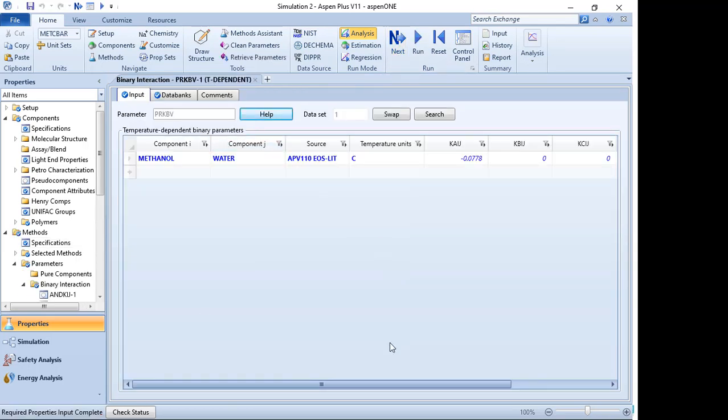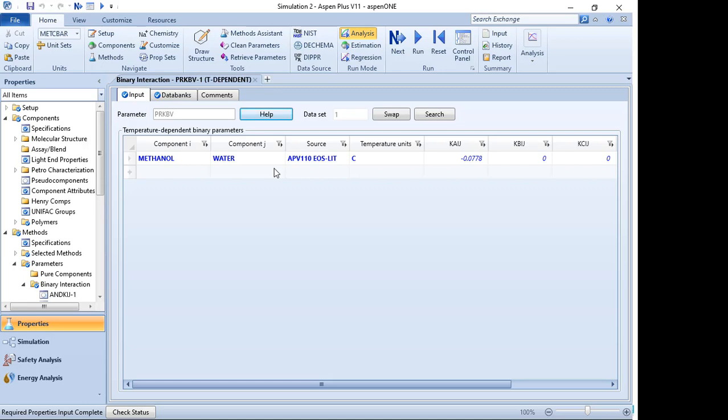Next again, we have one binary parameter between methanol and water. If you remember, to separate methanol and water you can use a distillation column or flash, and it has an equilibrium constant between these components.